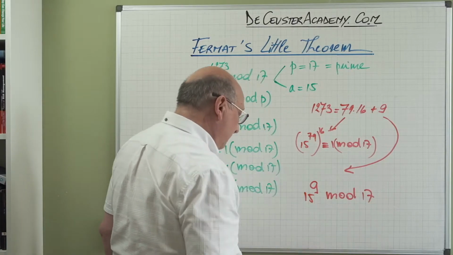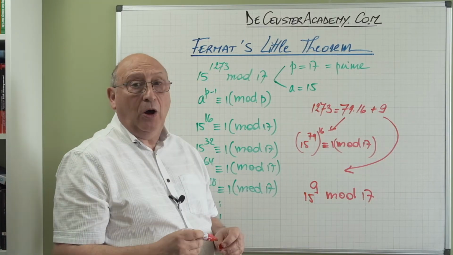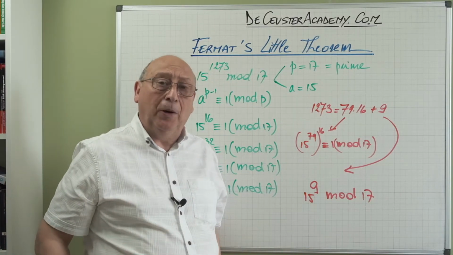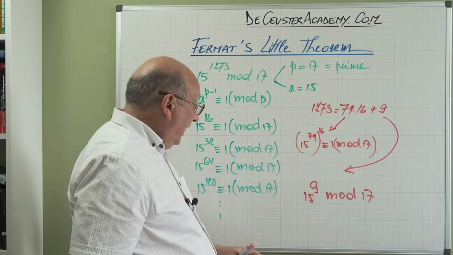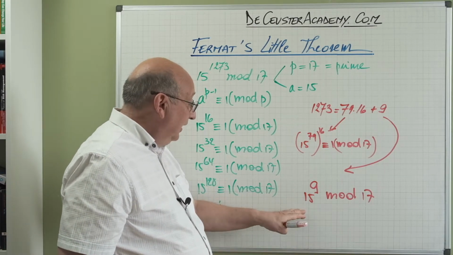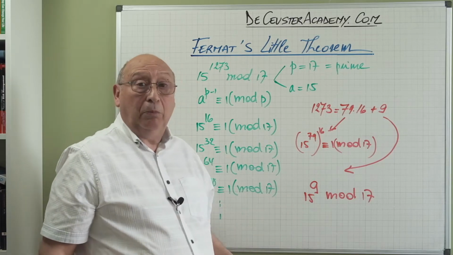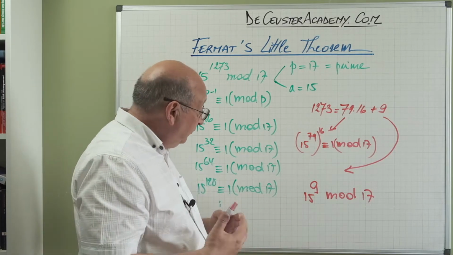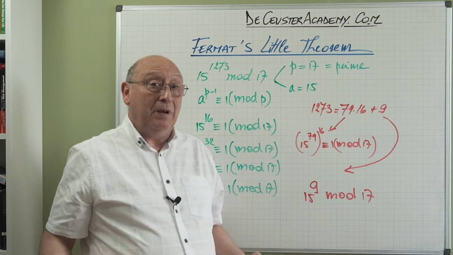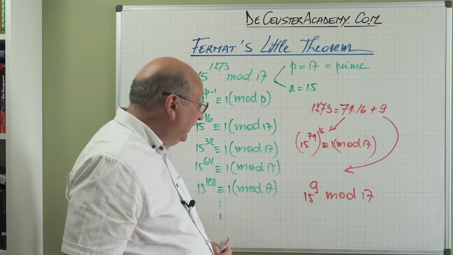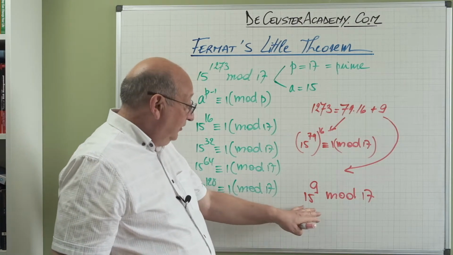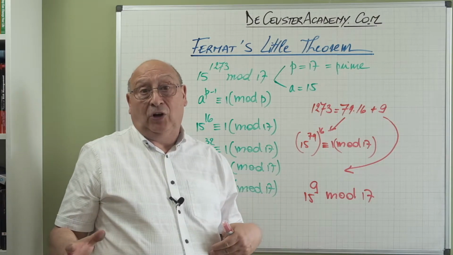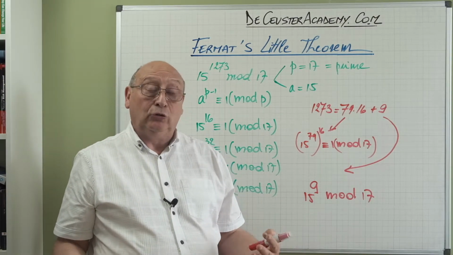modulus 17. Now we see 15 to the power 9, it's still quite a large number. Our calculations may be, let's say, showing a problem. If you have a simple calculator, if you have more capacity, it may be that it's perfectly doable. On the other hand, let's see if we have another way to resolve this.